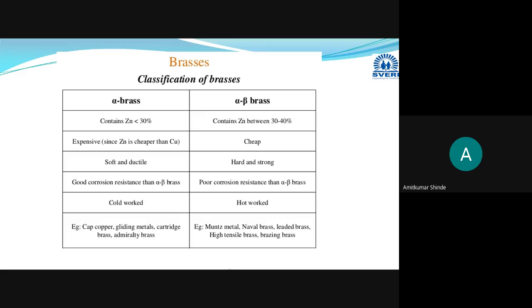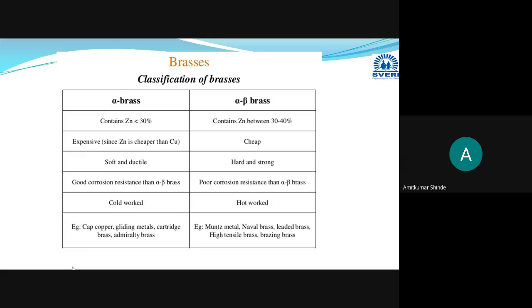In your examination, they will directly provide you three or four names, like cap copper or cartridge brass, or high tensile brass or leaded brass, and they will ask you to write their composition, properties and applications. Compulsory, this question will be there in your final examination. And all these types of alpha brasses and alpha beta brasses we are going to discuss in the next lecture.